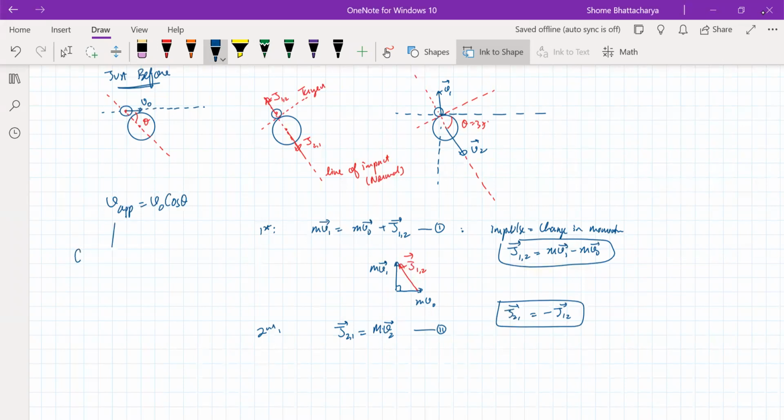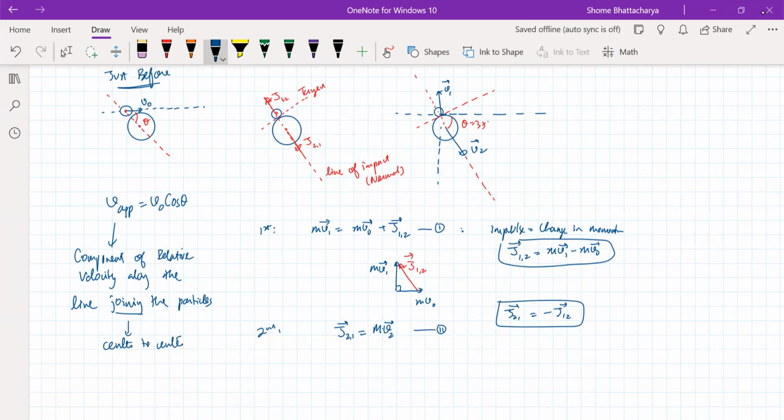It is the component of relative velocity along the line joining the particles, that is the center to center line, just at the time of impact. That is the approach velocity.